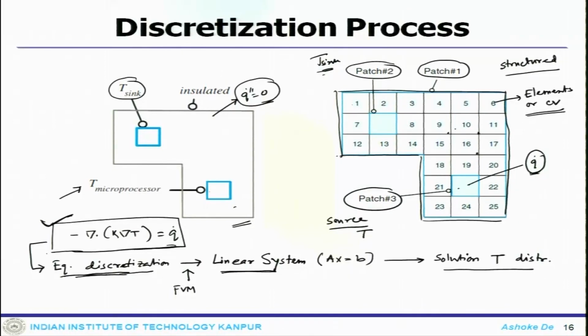So, what is very important is to keep track of these neighboring elements. Let us say if you consider this element, then the neighboring elements would be 4, 8, 10, 15. So, these neighboring elements will have an impact.